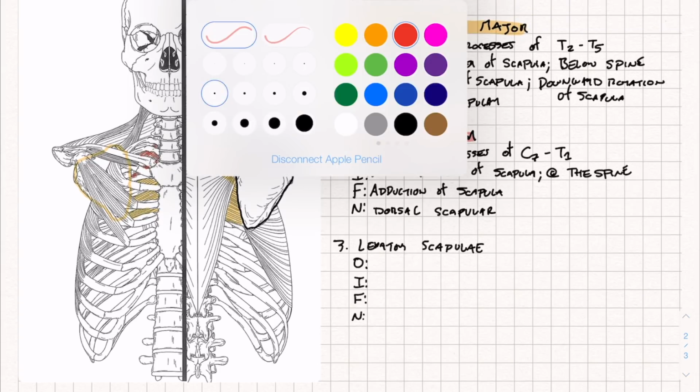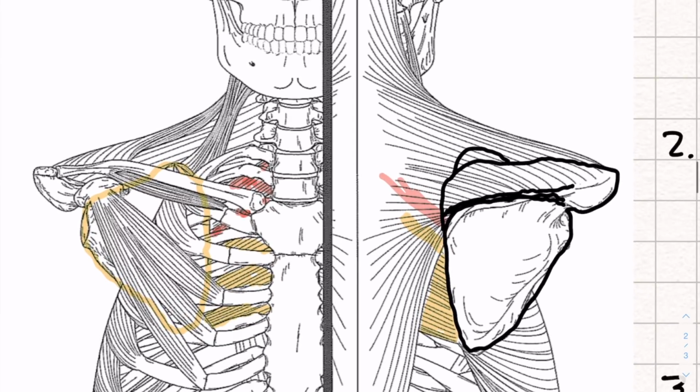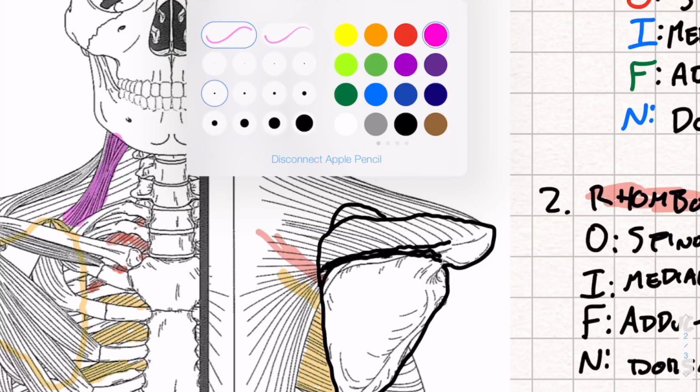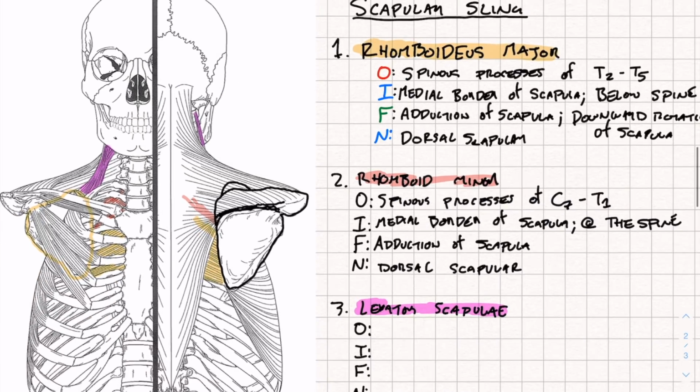Nice thing about this one is the name tells you what it does to the scapula. So levator scapulae just means elevates the scapula. This muscle you can see right here. And then on this side, it's a little bit smaller. It's just maybe right there.